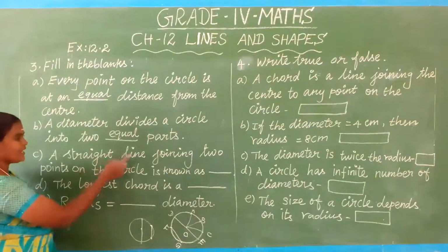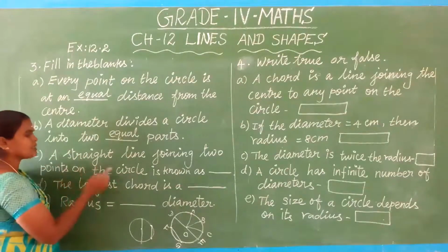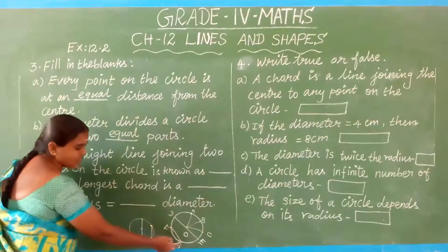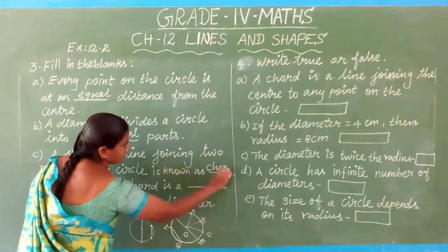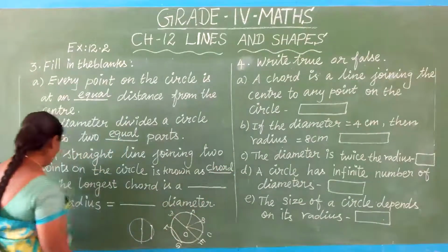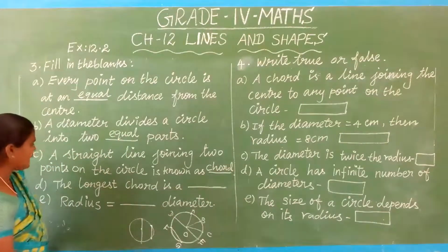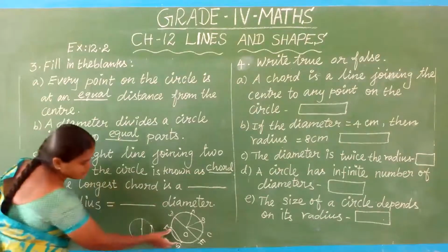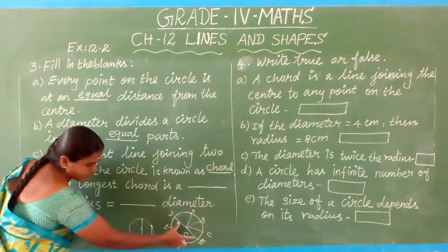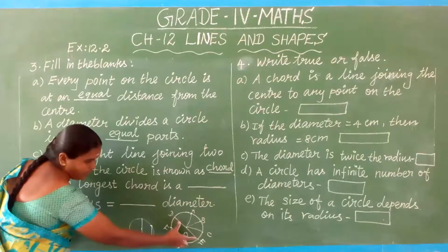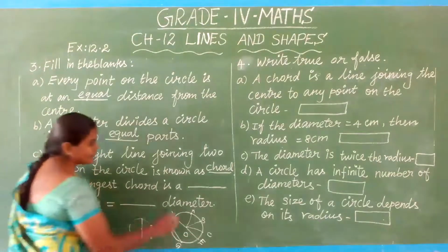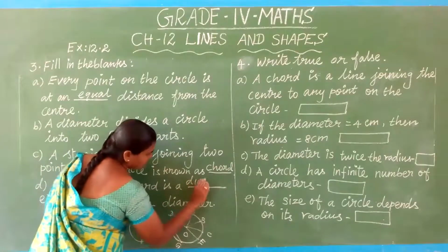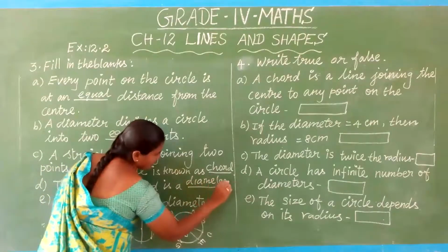A straight line joining 2 points on the circle is known as a chord. So your answer is chord. Okay, next one. The longest chord. The diameter is also a chord. So the longest chord is the diameter.